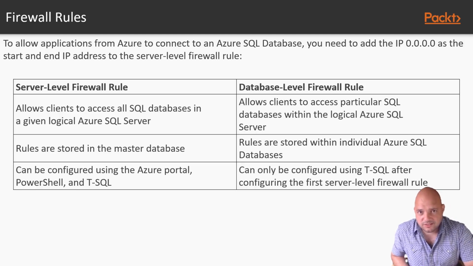Rules are stored in the master database, and they can be configured using the portal, PowerShell, or Transact-SQL. Database level firewall rules allow clients to access particular SQL databases within the logical Azure SQL server. These rules are stored within those individual Azure SQL databases, and they can only be configured with T-SQL after configuring the first server level firewall rule.